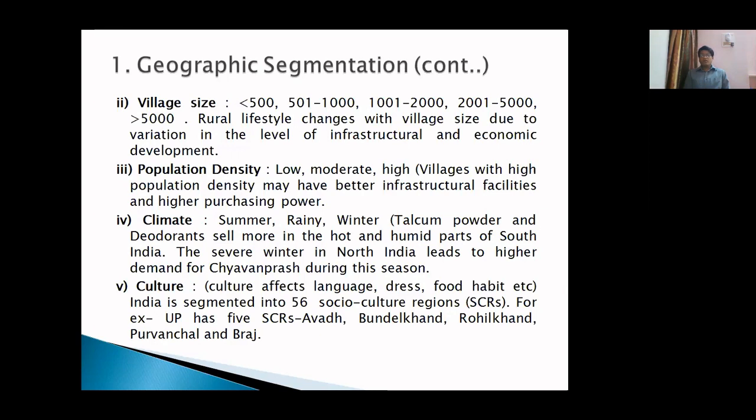Now, depending on the size of village, the number of people living in the village, it has been seen that the infrastructure development is also accordingly. Rural lifestyle changes with village size because the level of infrastructure and economic development changes. Small villages may not have so good infrastructure or economic development.